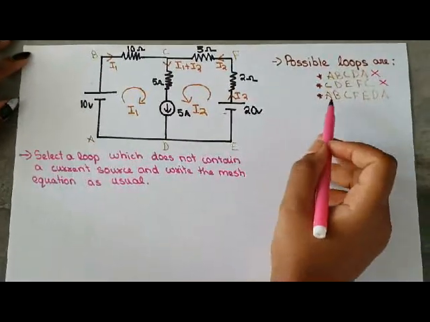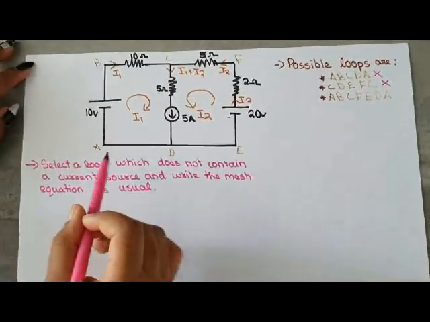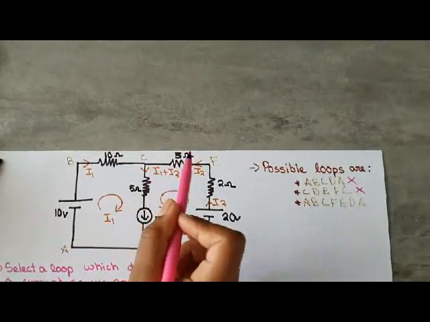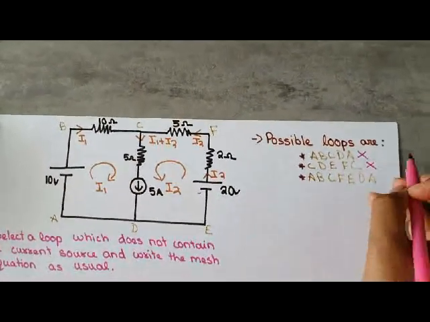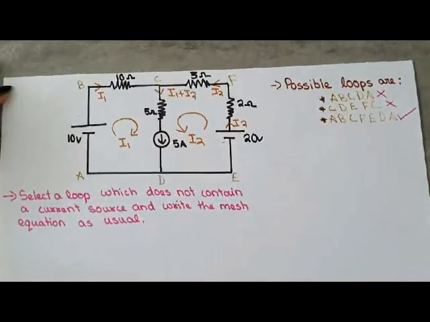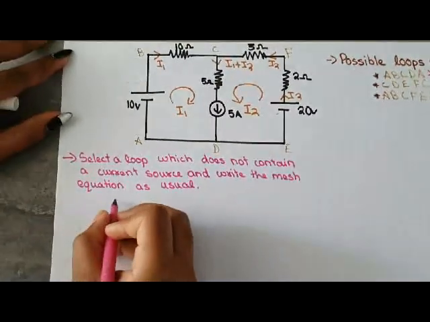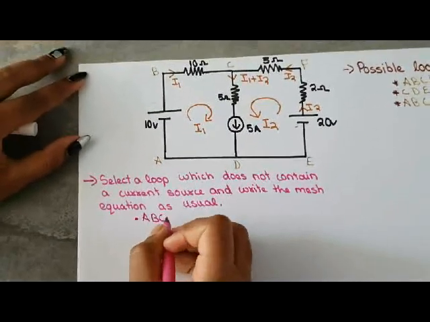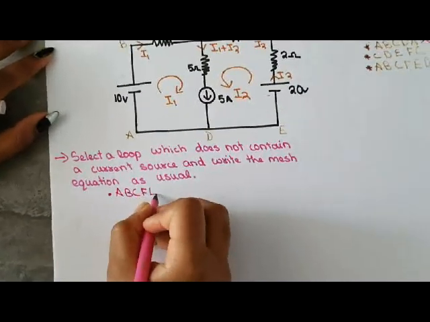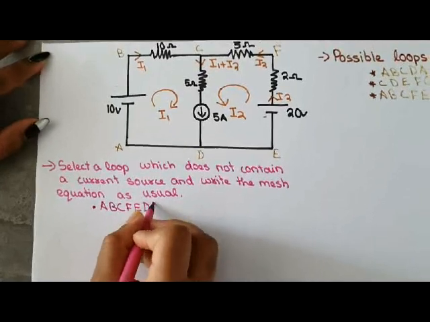Nope. Next is the super mesh, A, B, C, F, E, D, A. That does not have the current source, so this is the loop we are choosing.